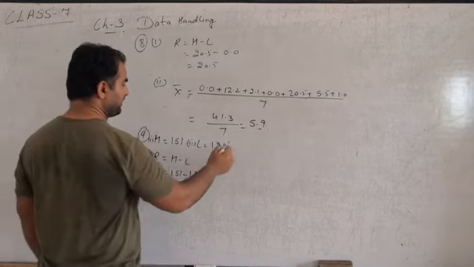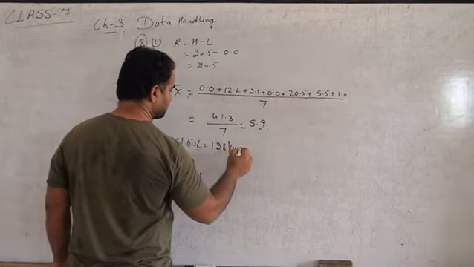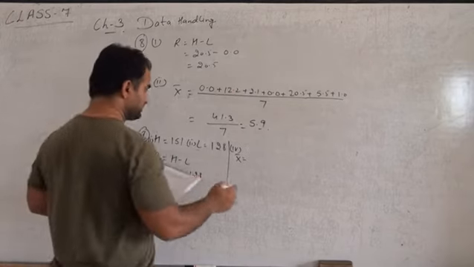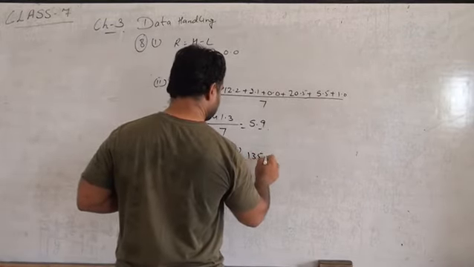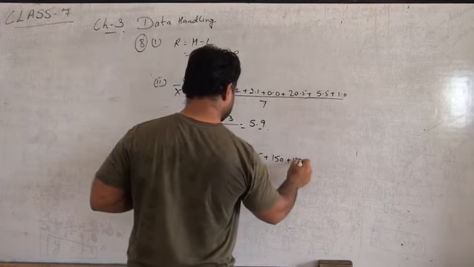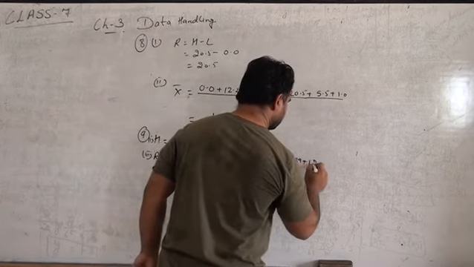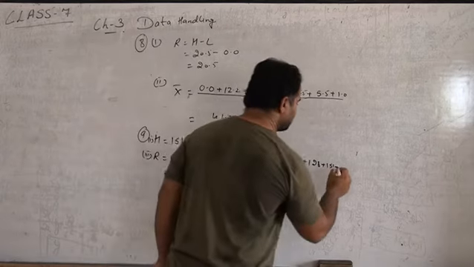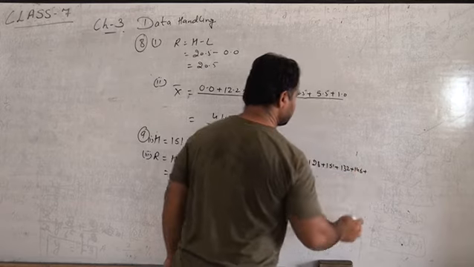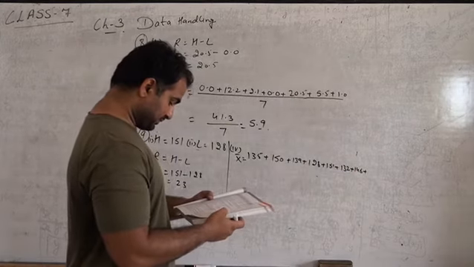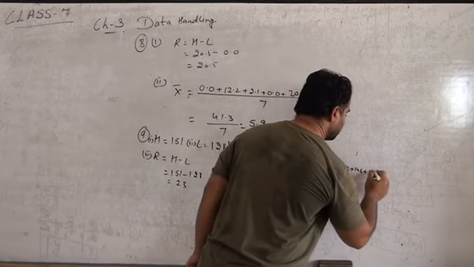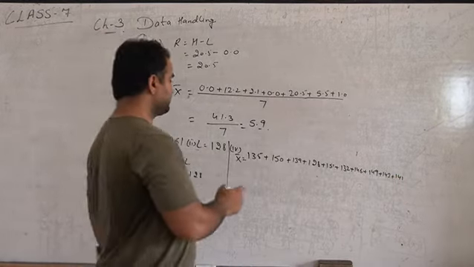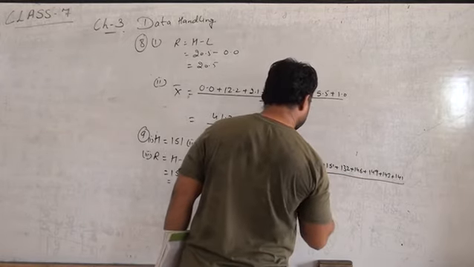So we have to find the mean. Mean x bar equals, we have to add all of these: 135 plus 150 plus 139 plus 128 plus 151 plus 132 plus 146 plus 149 plus 143 plus 141, and the total is divided by 10.